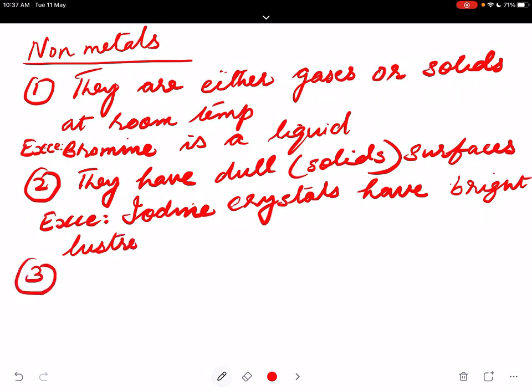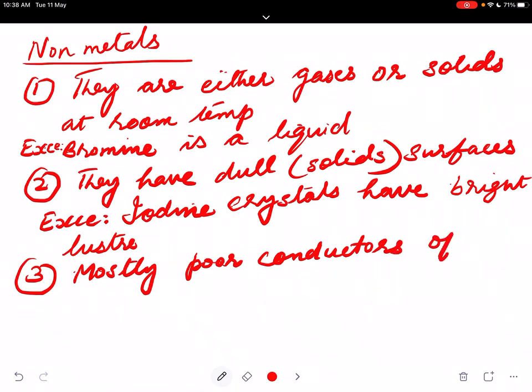Number 3, non-metals are mostly poor conductors of heat and electricity. But graphite is a good conductor.